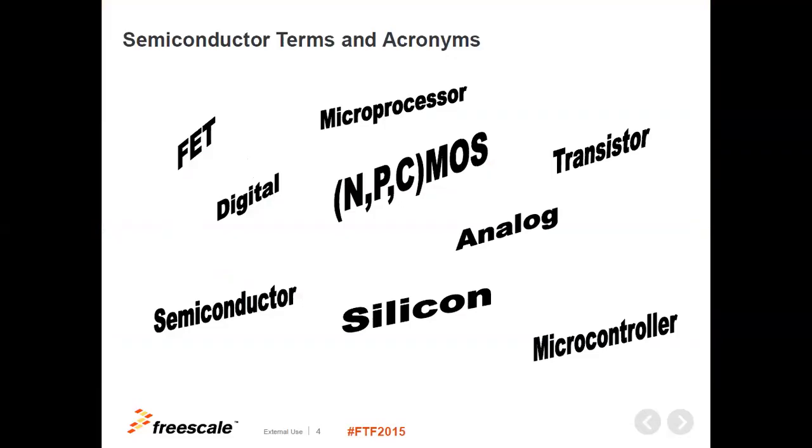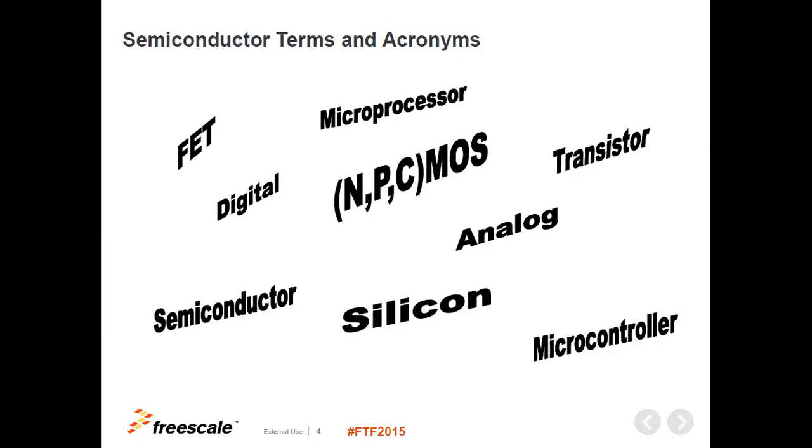So: FAT, microprocessor, digital, NPC, MOS, analog, transistor, microcontroller. These are all words pertaining to the world of integrated circuits. I will explain some of them, but it's not the topic to explain every one of these words, just to understand what they mean. For example, NPC MOS.